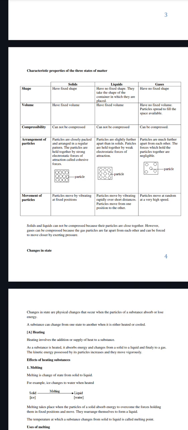In a gas, particles move randomly at a high speed. That is the reason a gas is used in car tires instead of liquids or solids. Why? Because gases can be compressed, meaning that particles are far apart from each other, so you can compress them.